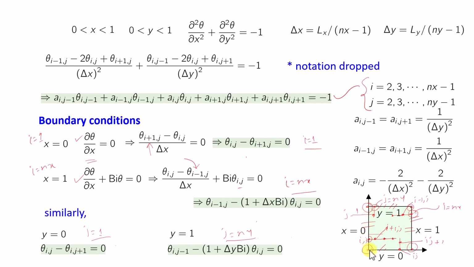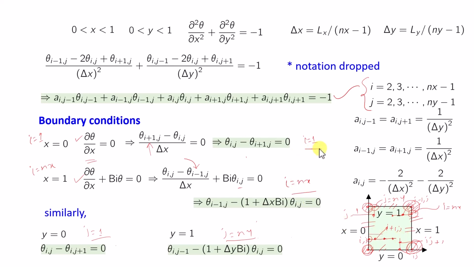But then again, when I am counting j equals 1, I am going from this leftmost to rightmost point. So this point I have counted twice. In this way, all the corner points I have counted twice. So in reality, we should not do the calculation twice here. You take it only once.